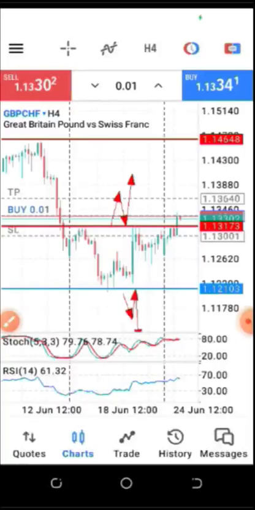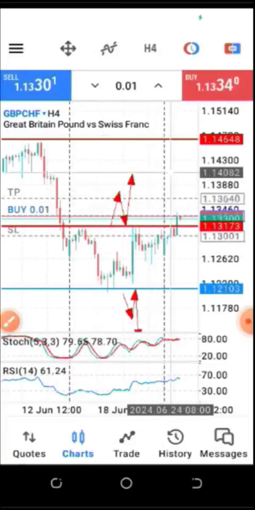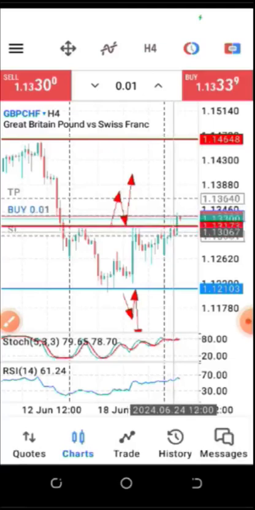Alright, so we just entered the trade. I'm risking 30 pips to go for 30 pips for a 1:1 risk to reward ratio. I could go up a bit more, up to around this area to make more money, but I decided that 30 pips is enough for this particular trade.